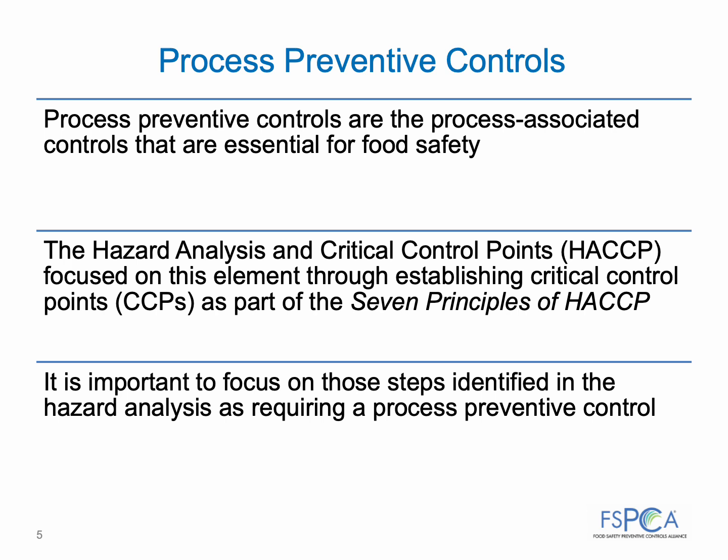Process preventive controls are identified through a hazard analysis when specific hazards will be controlled by the given process step. Under HACCP, these process controls controlling the hazard would have been identified as CCPs. The term CCP is used generically for process preventive controls.